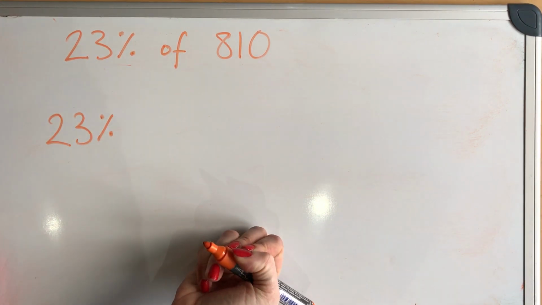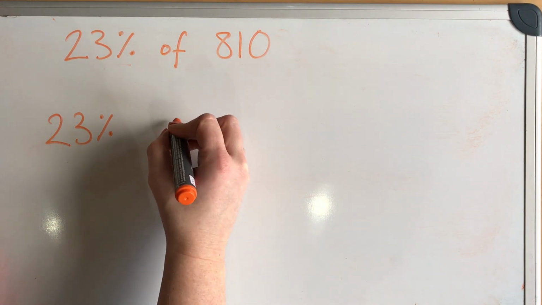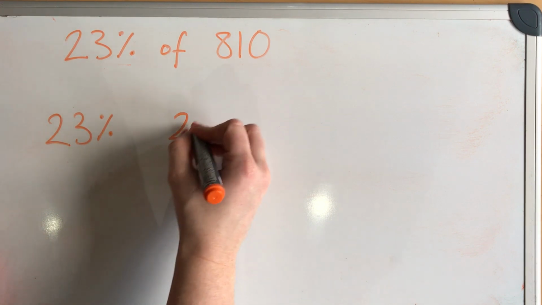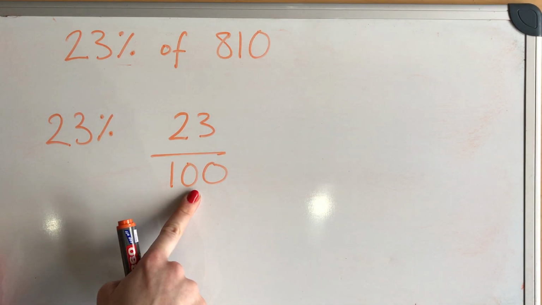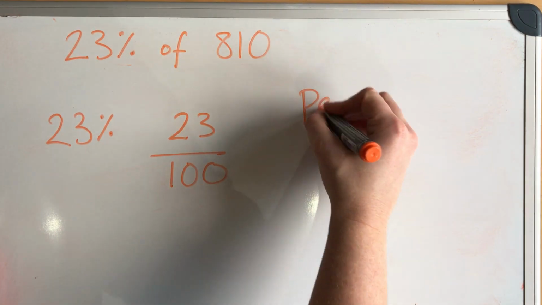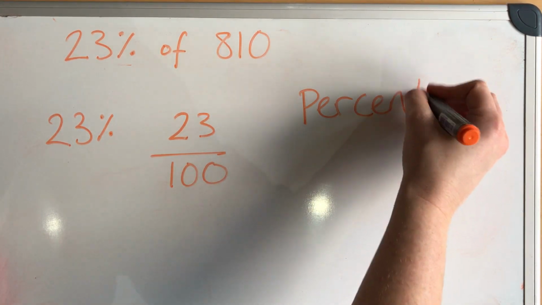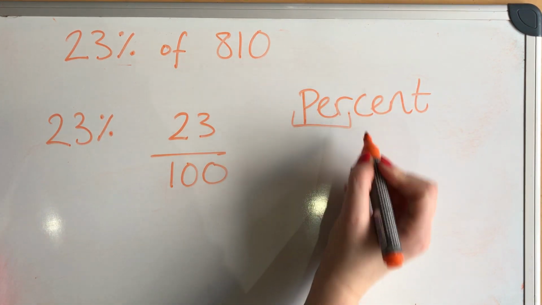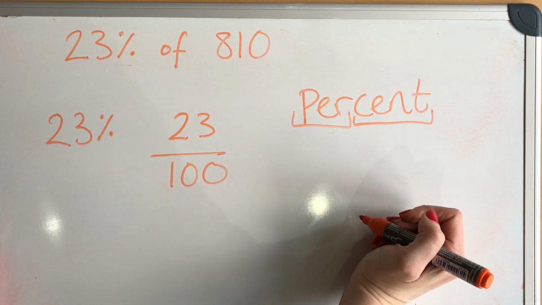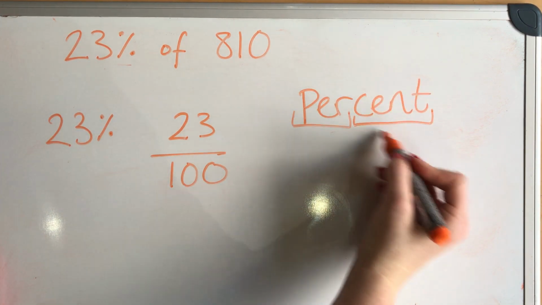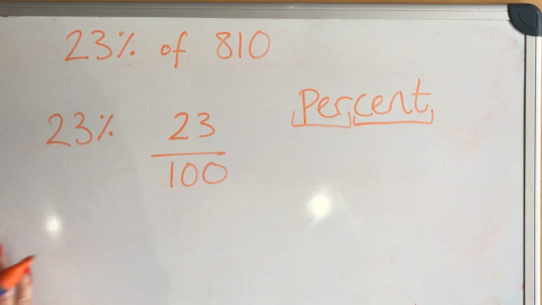23% as a fraction is 23 out of 100. And the reason for that is because the word percent actually means per group of 100. So cent just means 100.